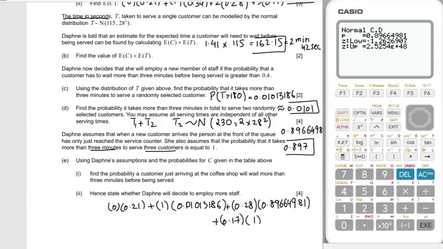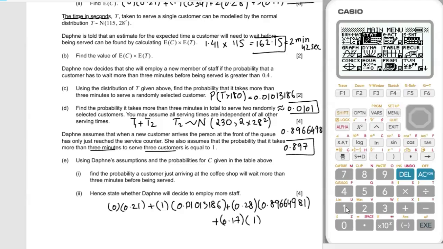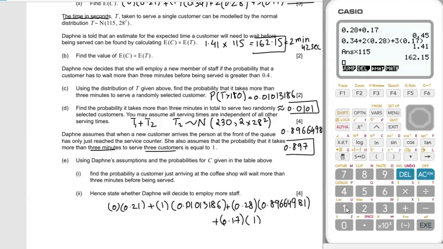This was a bit tricky part, but you can always pause and read it again and try to connect with the question, because these paper 2 stats questions are really theoretical. And if you are not fresh and not reading it carefully, anyone can mess up, right? So this plus 0.28 times 0.89664981.